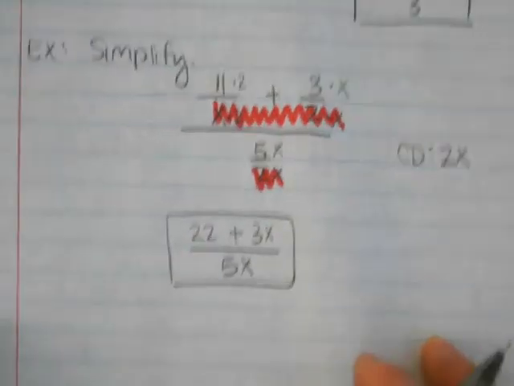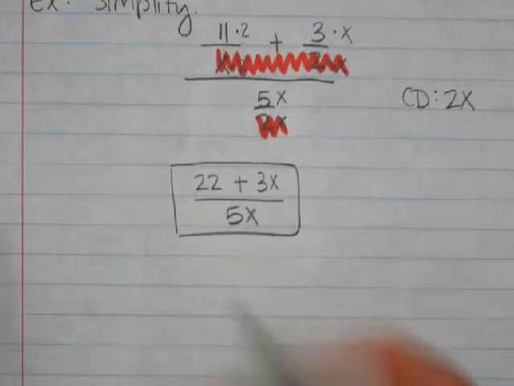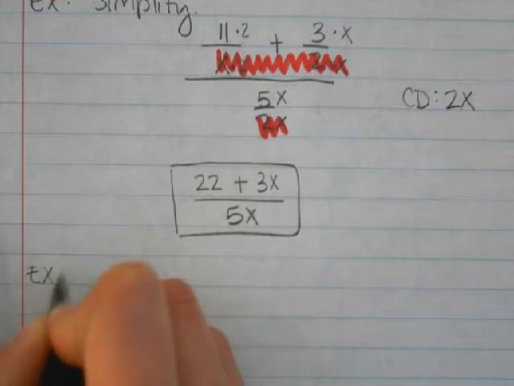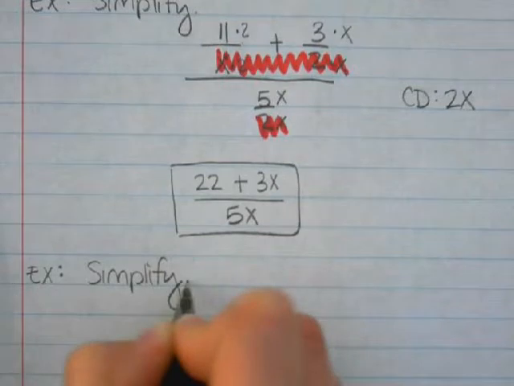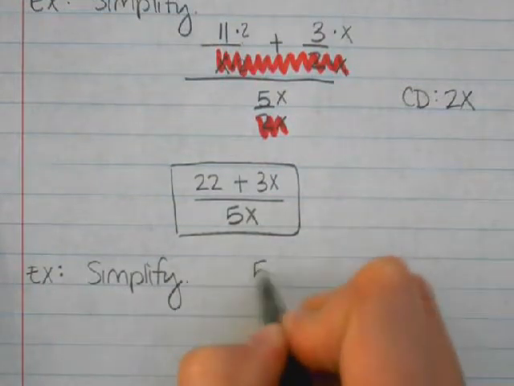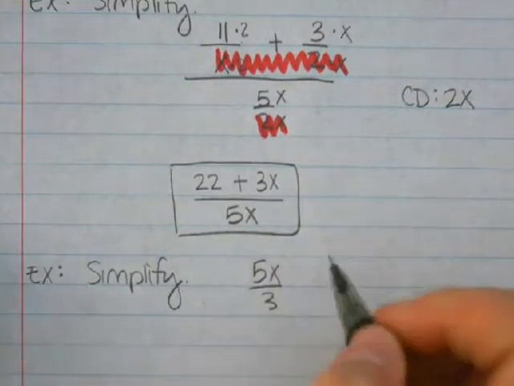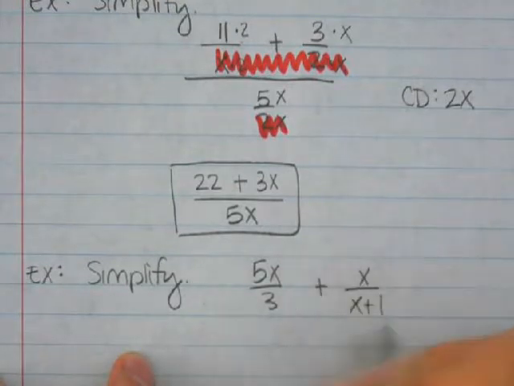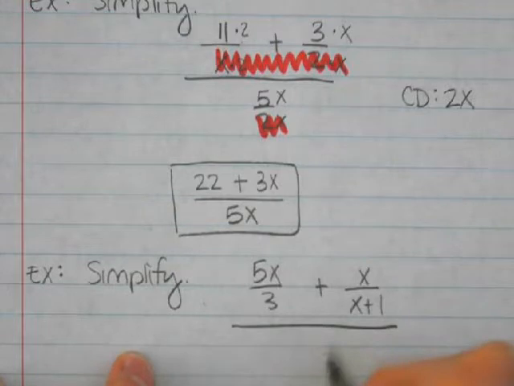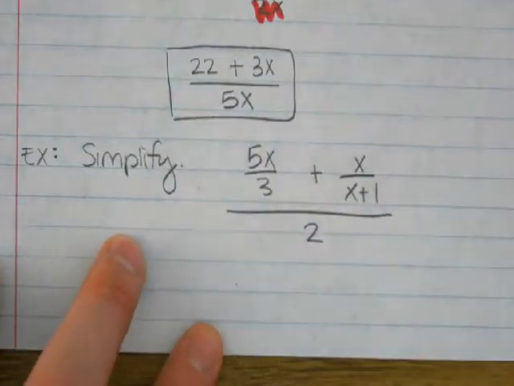Okay, we're going to try another one. We got 5x over 3 plus x over x plus 1 divided by 2.